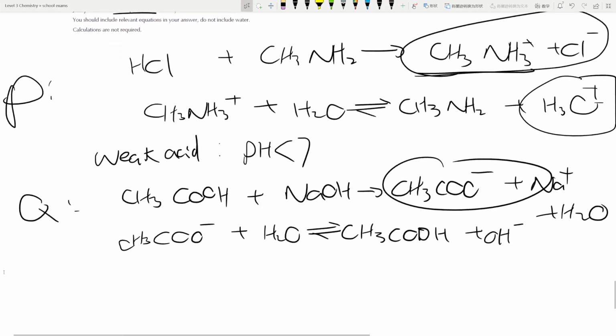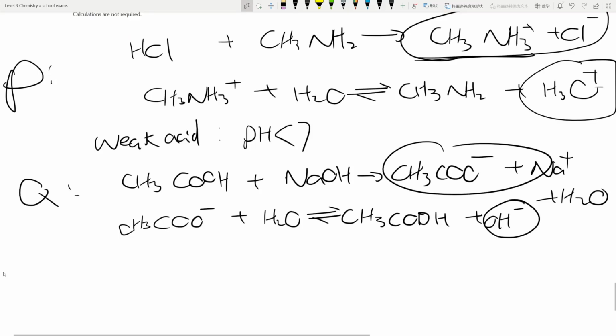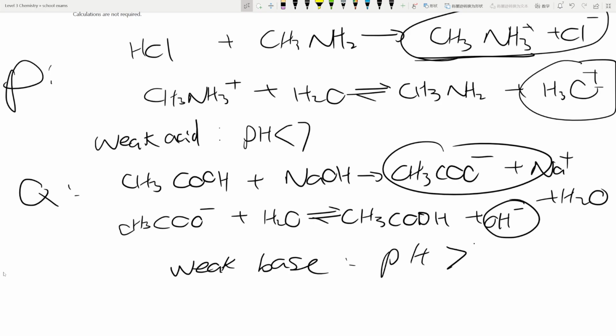Okay, so your solution, you made OH minus in the dissociation, so this is a weak base. So this pH is going to be above 7, but not that high. Again, you made so many of these free moving ions because this is complete dissociation, complete neutralization. Therefore, you are going to have a really good conductor as well.